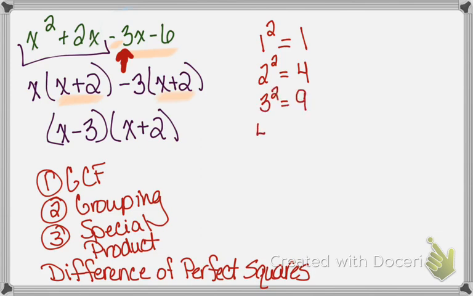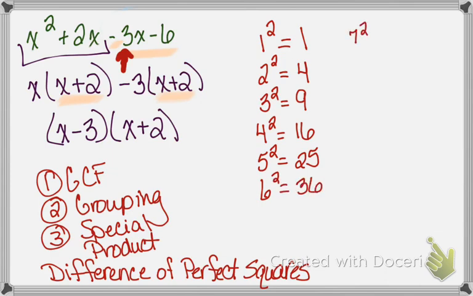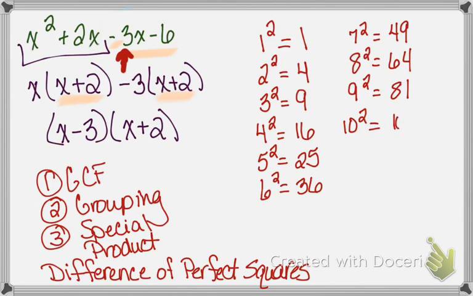Good. 4 squared? 5 squared? 6 squared? 36. 7 squared? 49. 8 squared? 64. 9 squared? 10 squared? 11 squared? 121, and 12 squared?